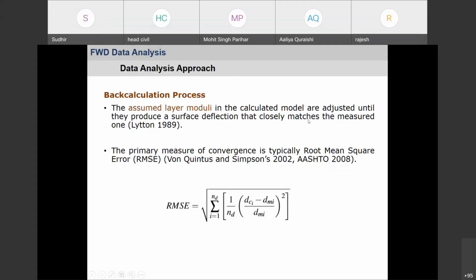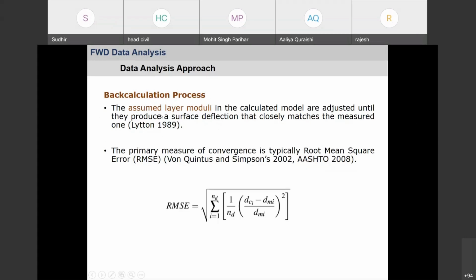If you are able to obtain, through trial and error, some assumed layer moduli values for asphalt layers which will give you pavement surface deflection matching the measured surface deflection, then those assumed layer moduli values are nothing but the closest estimate of the existing in situ layer moduli of the pavement structure. So this process is called the back calculation process for FWD analysis.